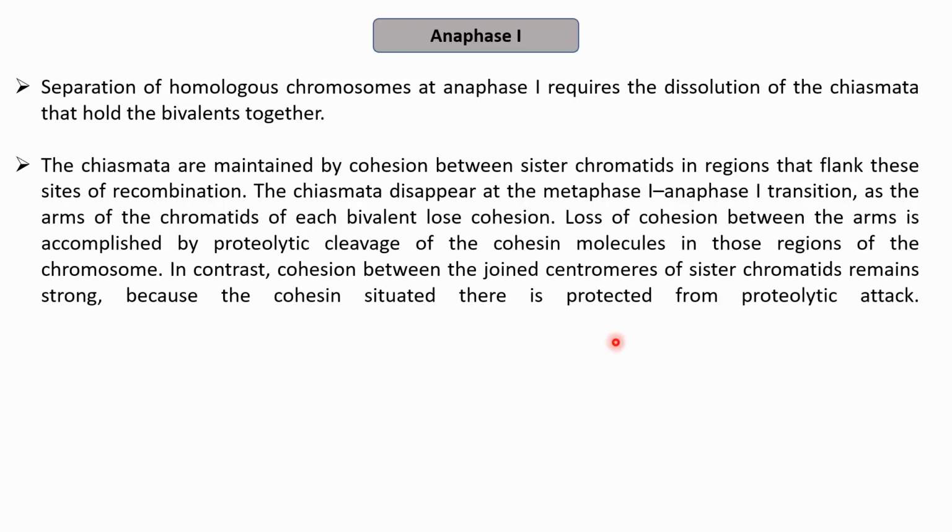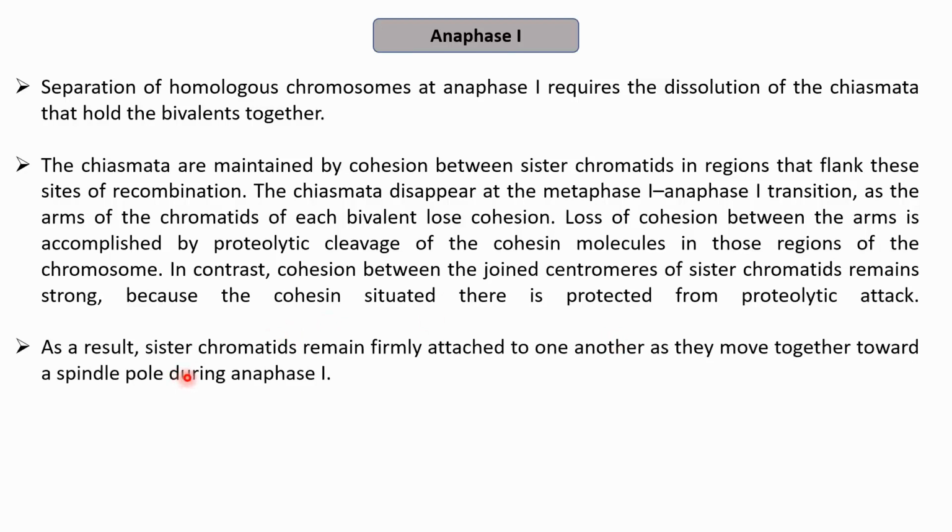This is how only the homologous chromosomes get separated, but not the sister chromatids. The proteolytic activity can only act on the cohesin molecules between the pairs of homologous chromosomes, not between the sister chromatids, because they are protected from proteolytic attacks.